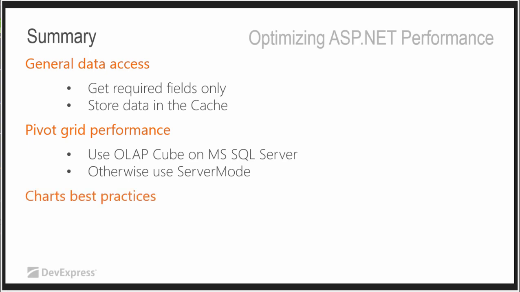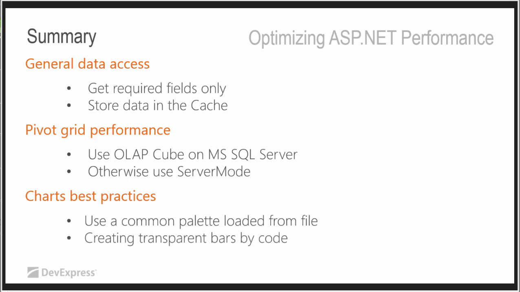And for the charts best practices, we could say we use a common palette loaded from a file and use the approach that I have been showing you: creating transparent bars also by code, because you can apply it on several charts, and use the AutoSeries feature. Because if the data changes and we have an extra series, we don't need to specify it in the designer of the chart, but by changing the data, the chart will also change.